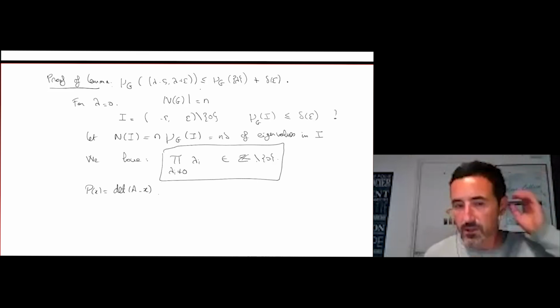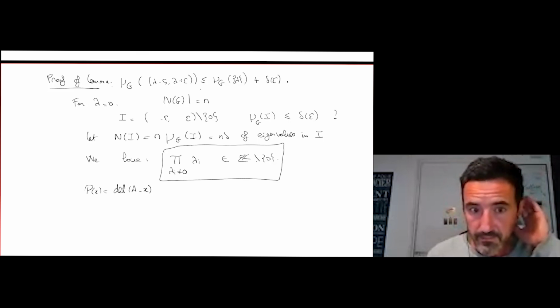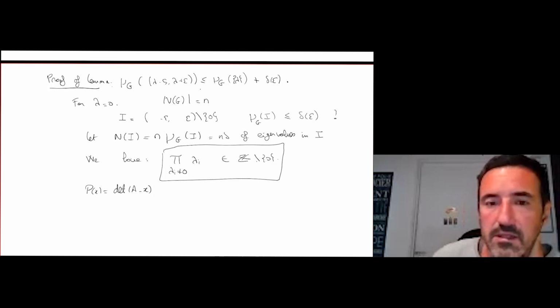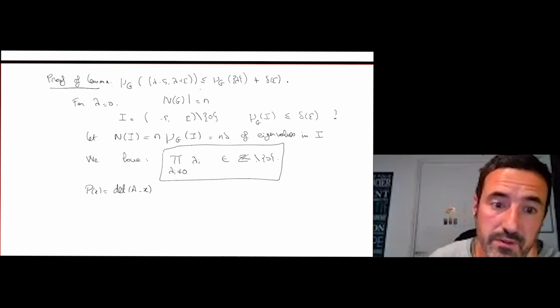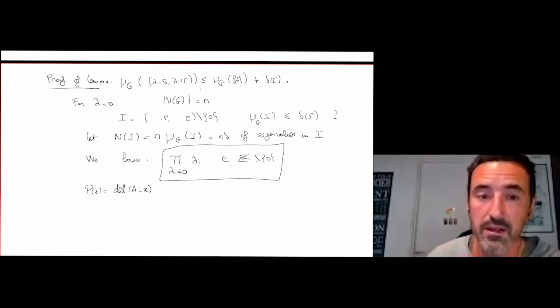And the first non-zero derivative of P will be proportional to that product. It's easy. And of course, this polynomial is integer valued, so all its derivatives are integer valued.